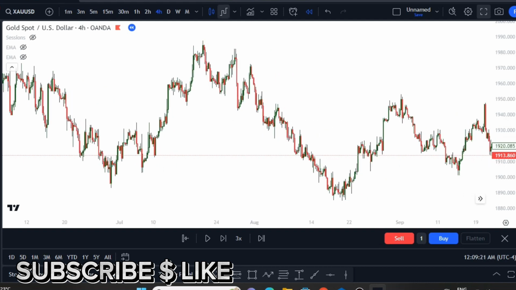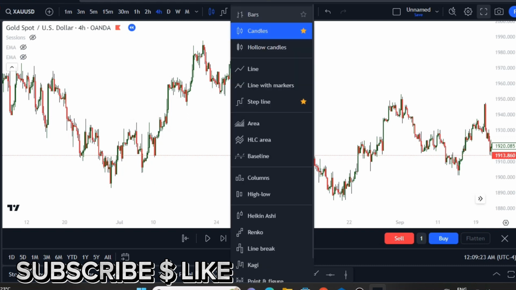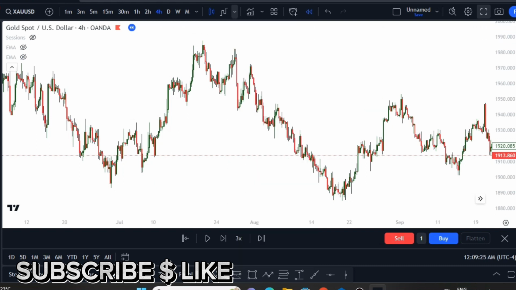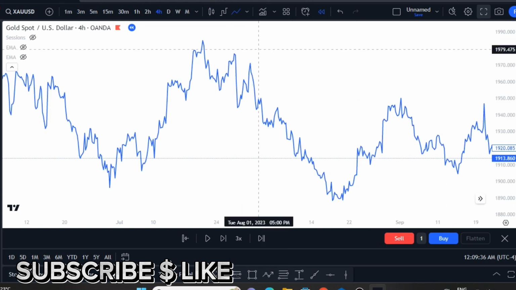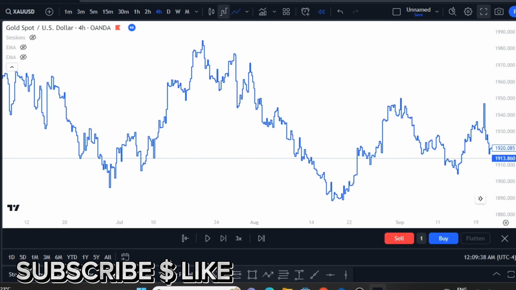Click on this icon at the top. I use step line. Step line shows me where price has tested multiple times. That is why I use it. But if you prefer the line, you can use it. Me, I use step line.